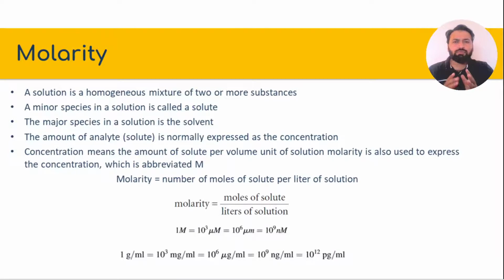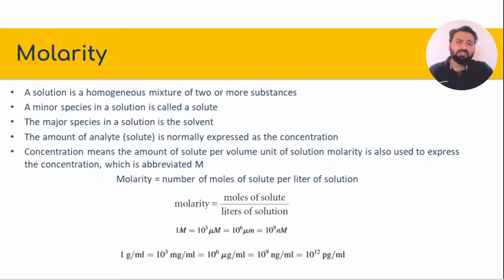In most cases, a quantitative pharmaceutical analysis is performed when the analyte is present in a solution. What is a solution? A solution is a homogeneous mixture of two or more substances. Now, a minor species in a solution is called a solute, and the analyte is an example of the solute.